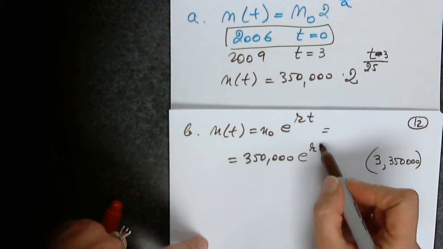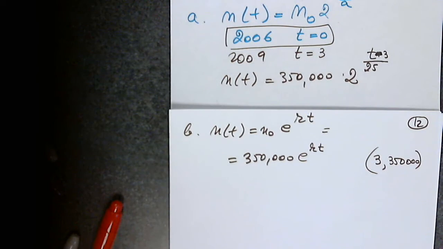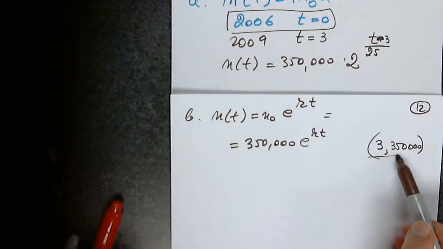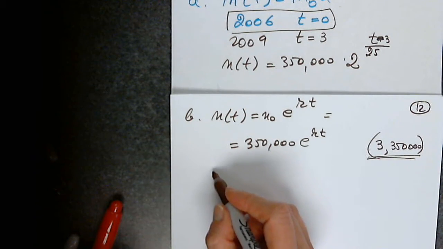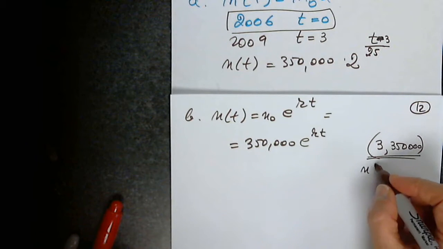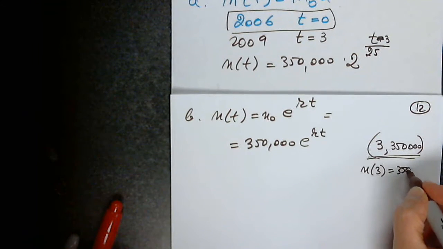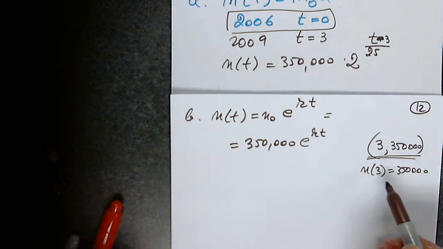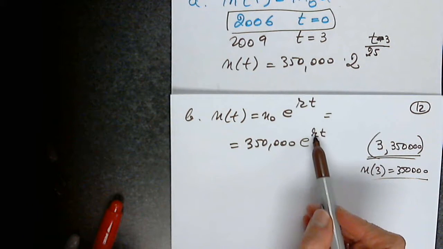So N of 3 equals 350,000 in 2009. Knowing this, I will be able to determine r.